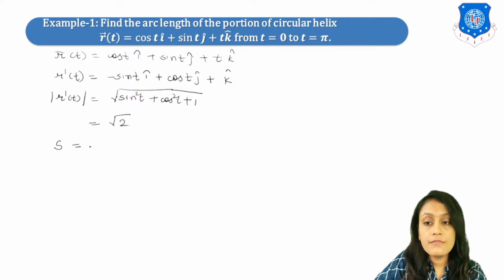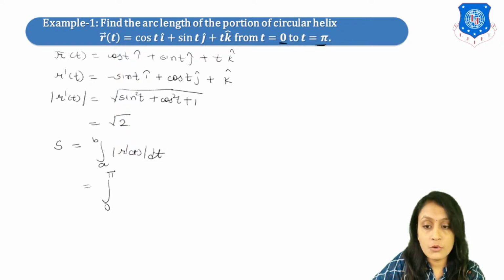Now the formula to find arc length is integration a to b mod of r dash t dt. Now the limit is given from 0 to pi, so the integration limit will be from 0 to pi. Mod of r dash t is under root 2, so here we have under root 2 dt.